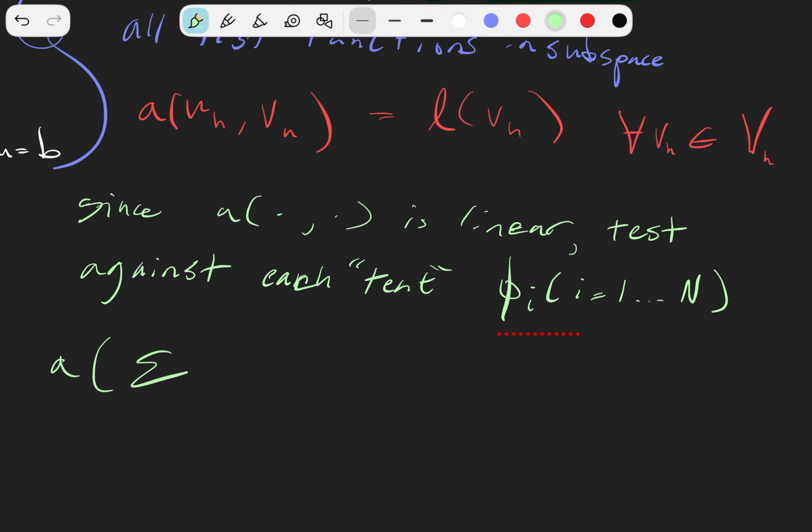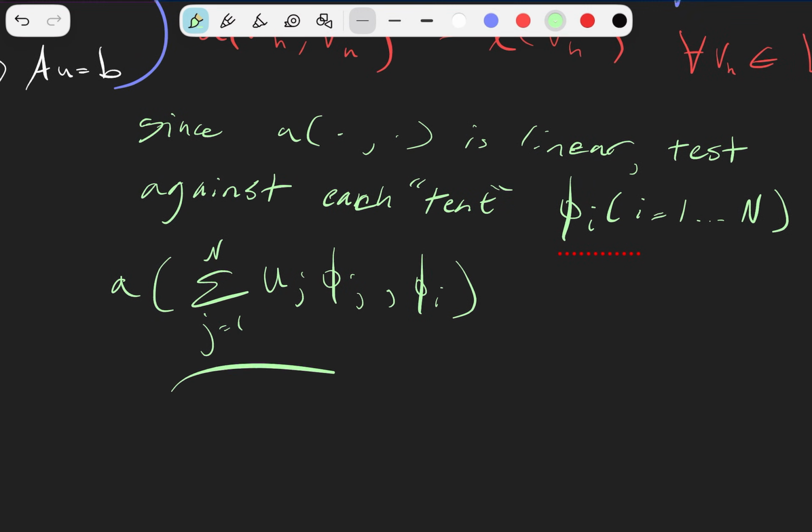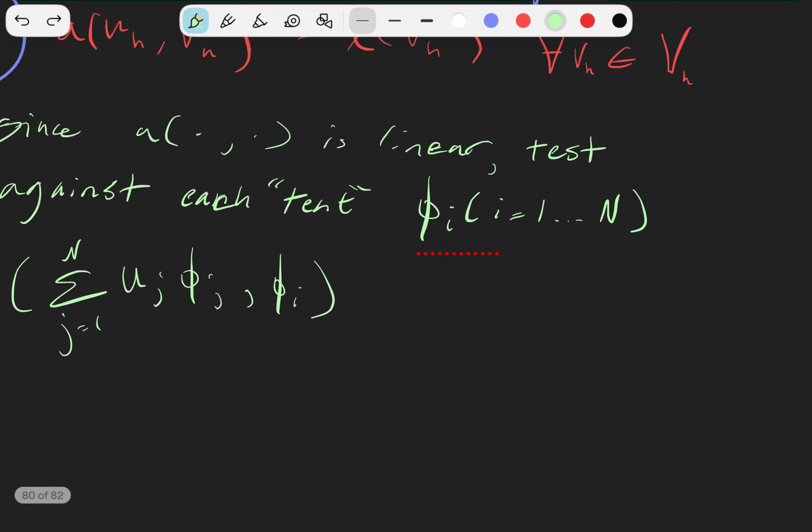So again, if you were to substitute in the sum over the columns here with our test function, and then here's the original Galerkin solution that we were guessing, fundamentally.